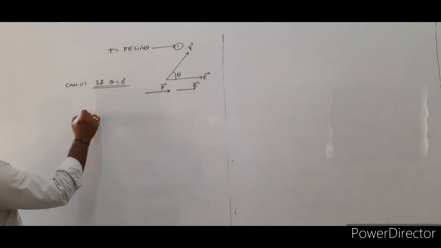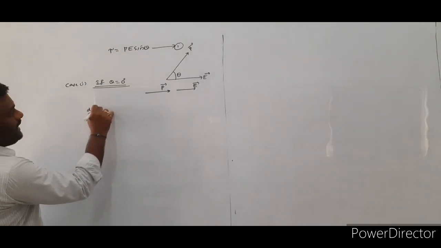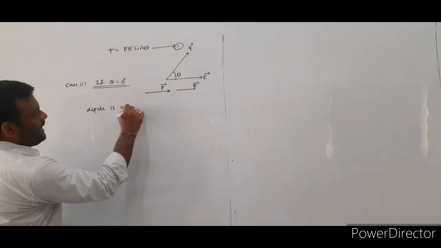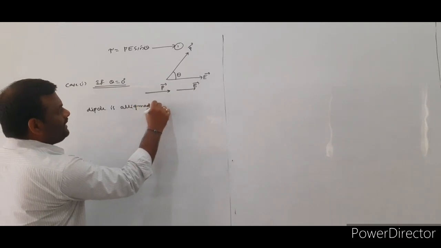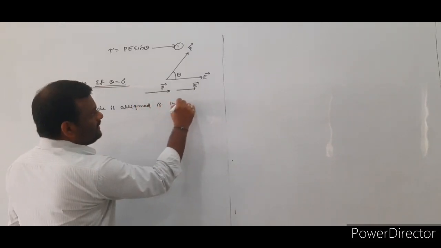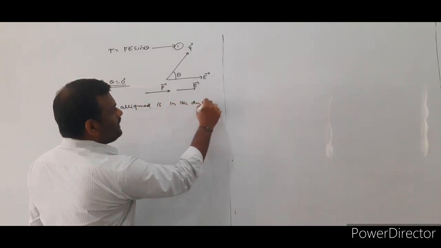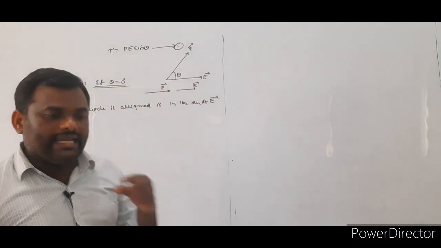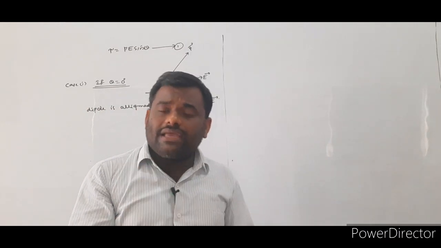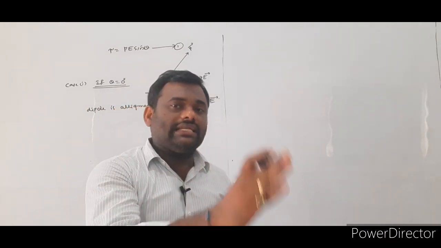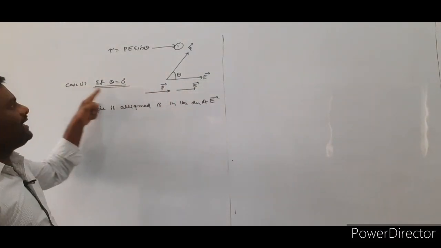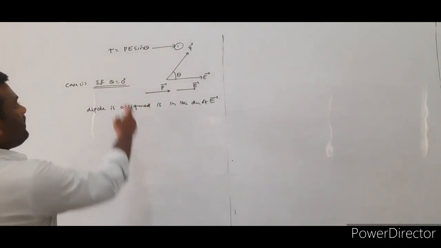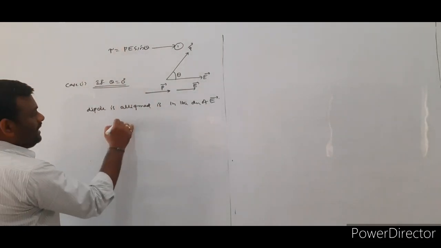Theta is equal to 0 means the given dipole is aligned in the direction of the electric field intensity. Substitute theta is equal to 0 in the given equation.